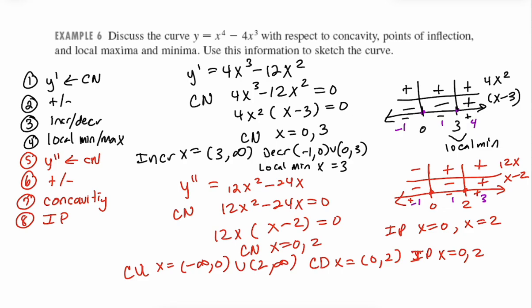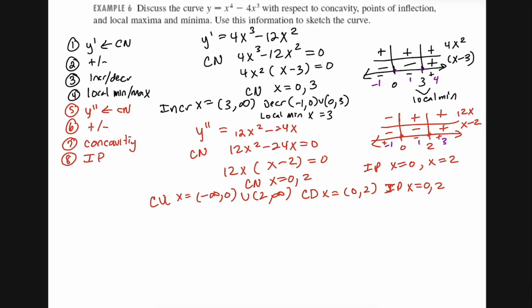Now, let's also talk about how to graph it, because as we go through section 3.3, section 3.4, section 3.5, we are building upon the knowledge of the shape of a graph again and again for each of these sections. So anytime there's a strategy to graph things, I'm going to follow the same rules.